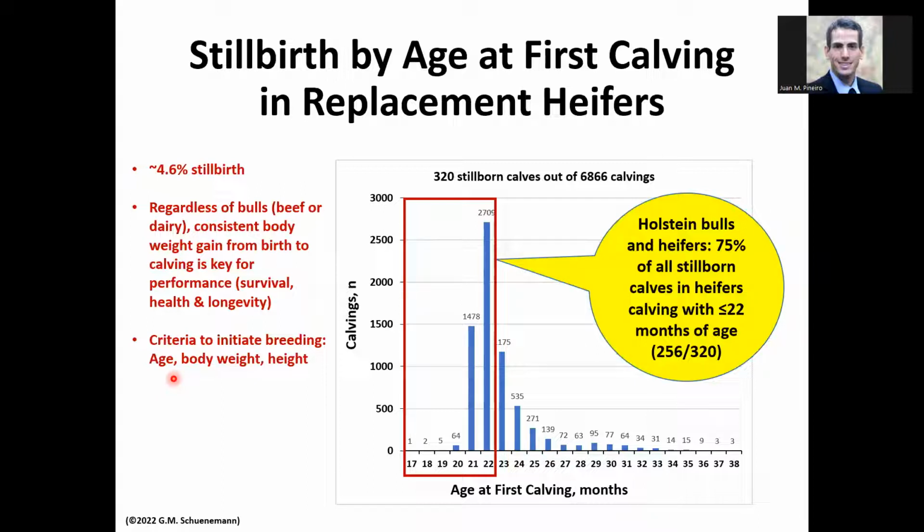Most of the farms that I go to look at their growth and at their heifers. They look at age and body weight, especially age and body weight. Some farms use height. But age and body weight they keep a very close eye on, and based on those parameters they make a decision when to start breeding the heifers, to avoid these problems.